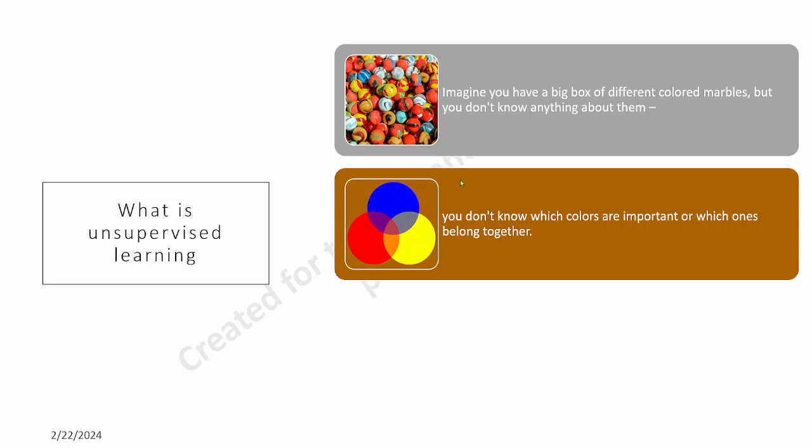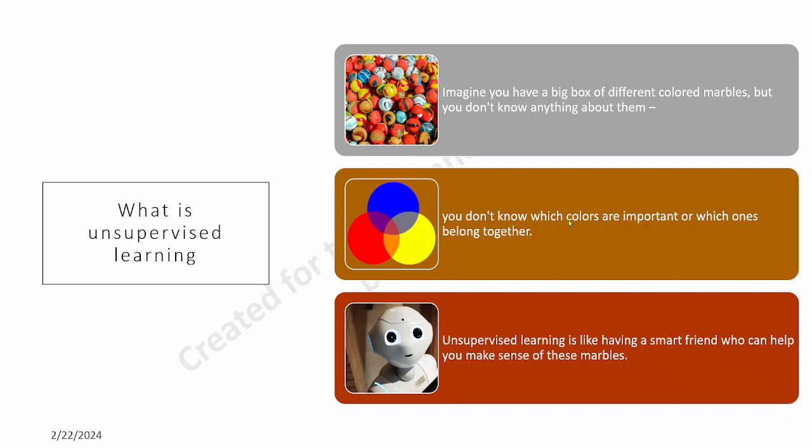So you would like to categorize them based on some criteria. Here the criteria could be color. So unsupervised learning is a method which we use to group the similar things together. So for example, here we would be categorizing the red balls or yellow balls or blue balls together.